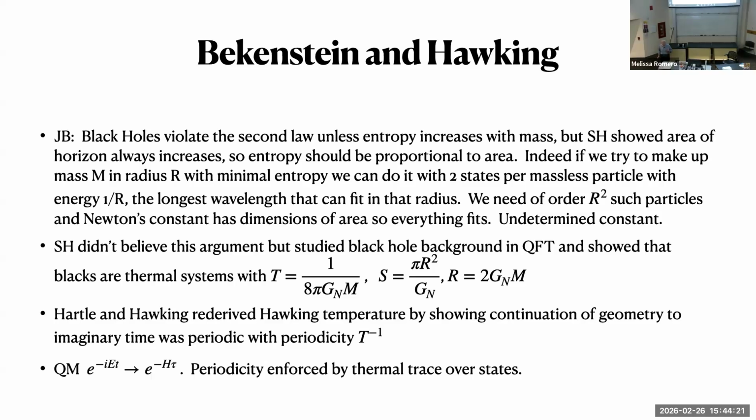And they found that the resulting manifold was singular unless they made a periodic identification exactly by the inverse of the Hawking temperature. And that showed how to compute things in the thermal ensemble given by the black hole, and was a justification for treating the black hole as a thermal state.